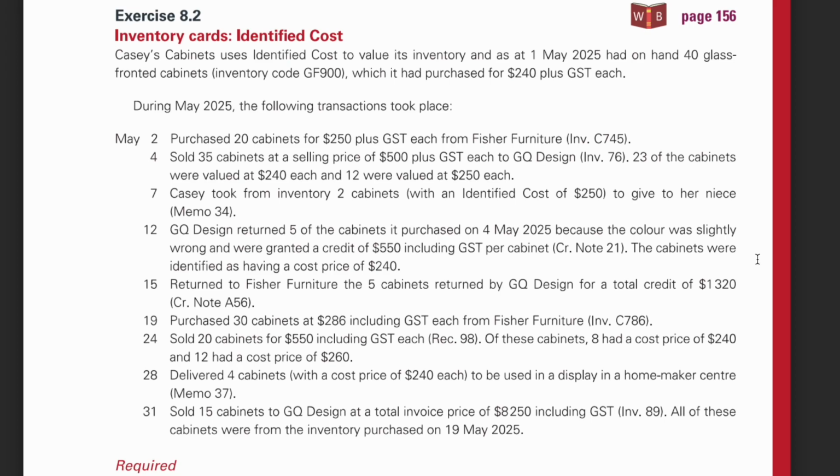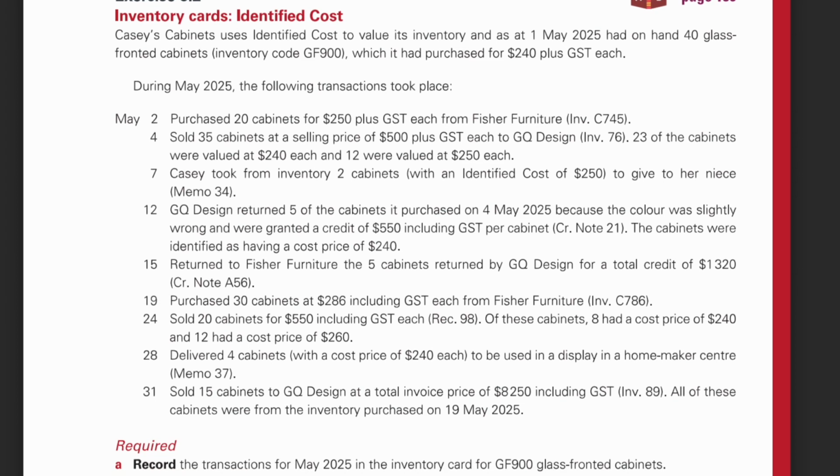During May 2025, the following transactions took place from the 2nd of May to the 31st of May. Let's see what the question's asking us. Record the transactions for May 2025 in the inventory card for GF900 glass-fronted cabinets.